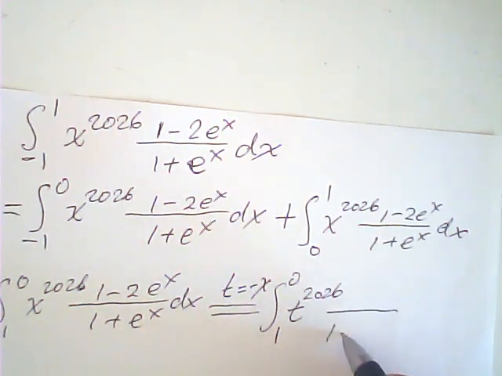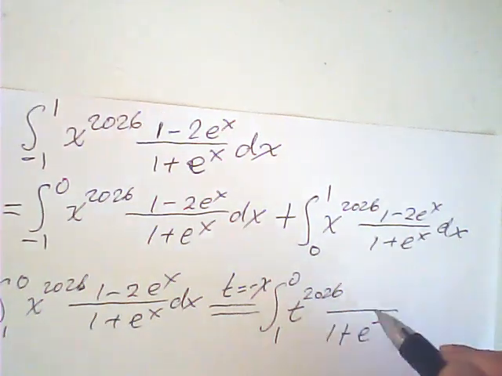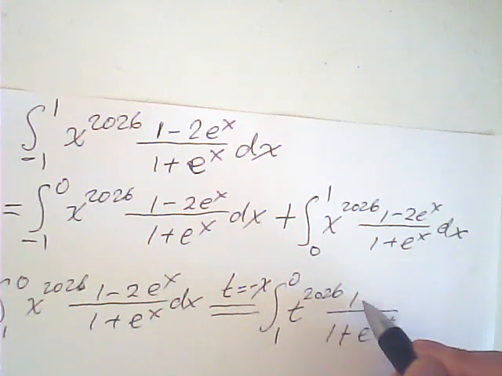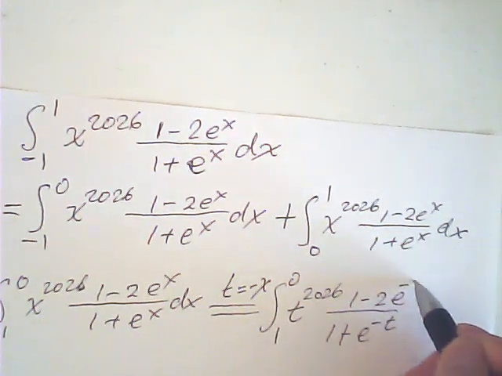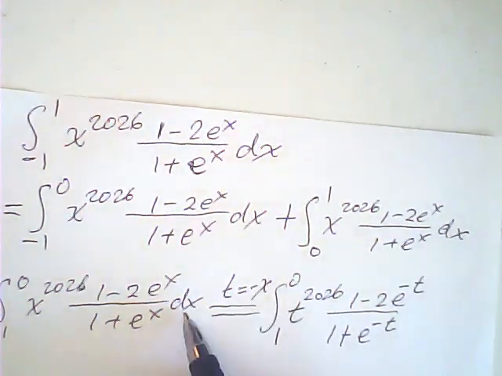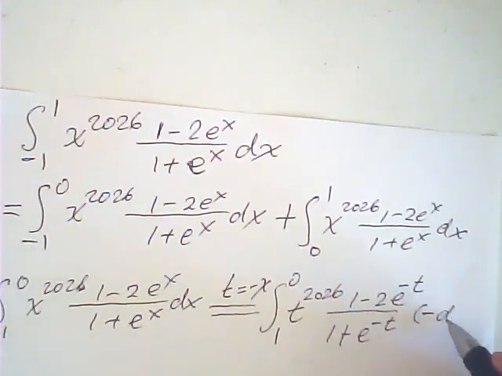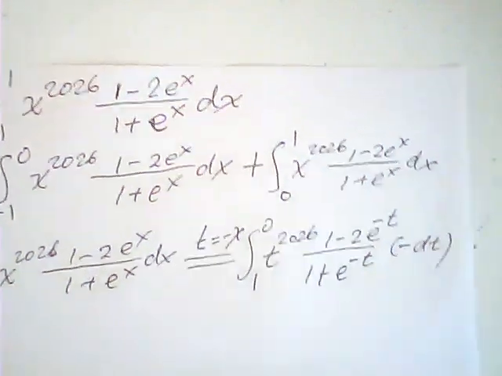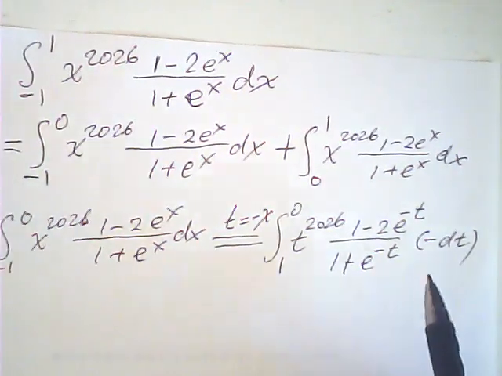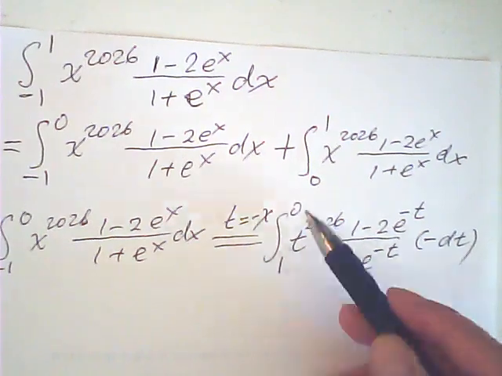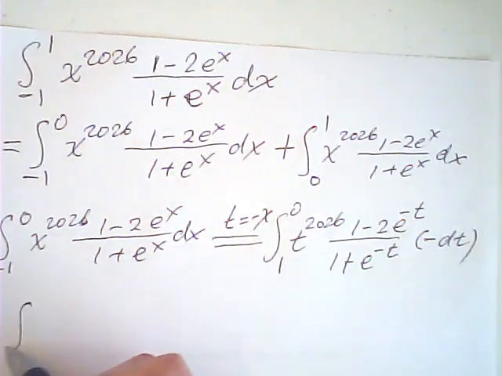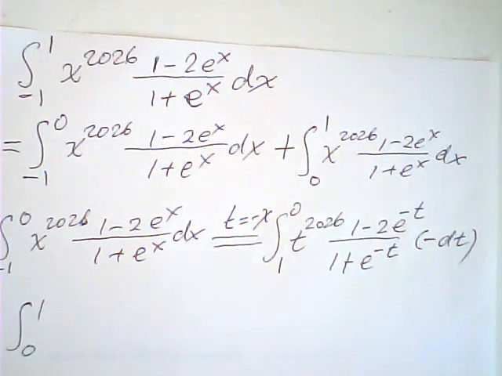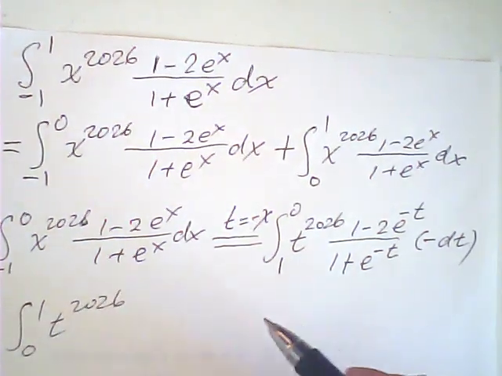And this is 1 plus e to the negative t, and minus e to the negative t. dx will be negative dt, right? Then I use this negative to switch the order of boundary, so it becomes 0 to 1. And t^2026.